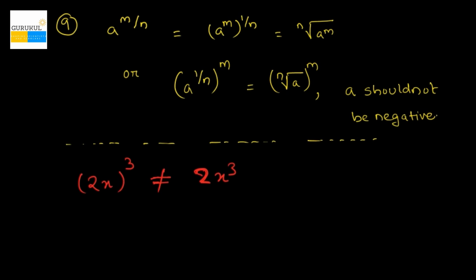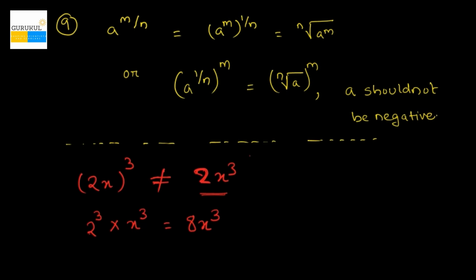This means you are going in reverse with the fourth law. It will be equal to 2 raised to the power 3 times x raised to the power 3. The output you get, 2 raised to the power 3 is 8, so it will be 8 times x cube, and you know that 8 times x cube is not equal to 2x cube.